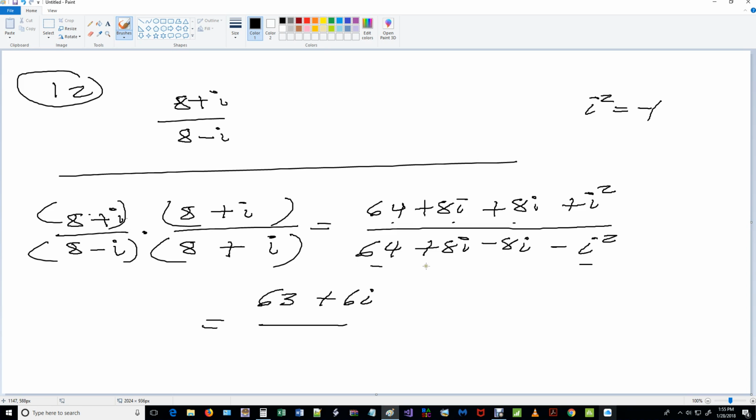So on the bottom, for the number, you got 64 plus 1. That's 65. And then 8i and minus 8i cancel, so you only get 65. And then, oh, this is 16, sorry about that, I forgot about 8i plus 8i is 16i. So 63 plus 16i over 65. I neglected to write the i for some reason.